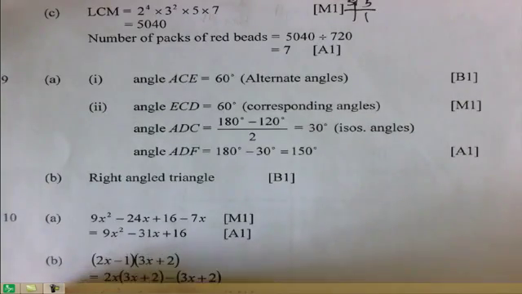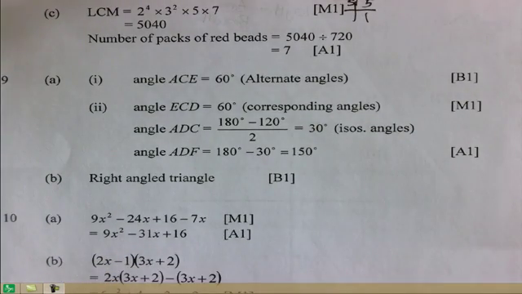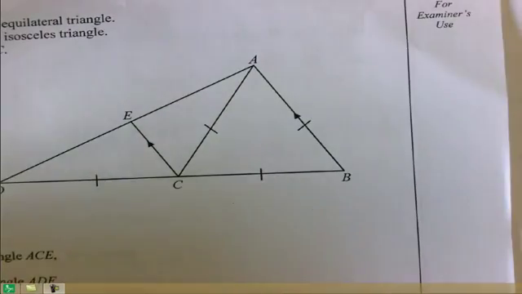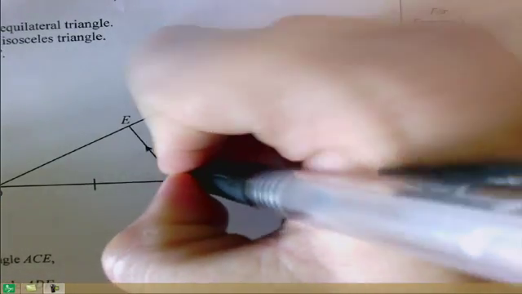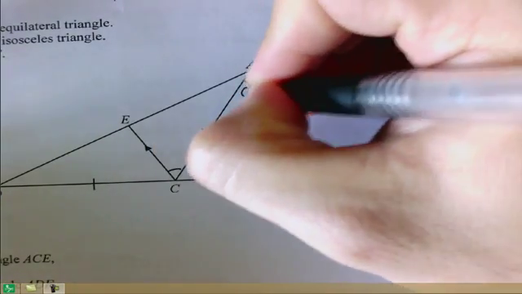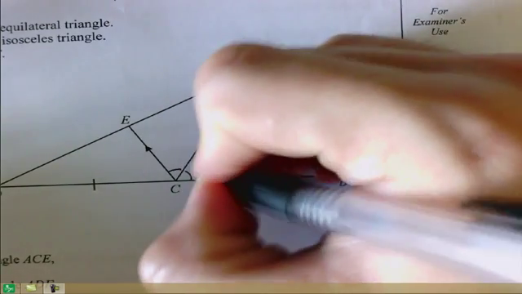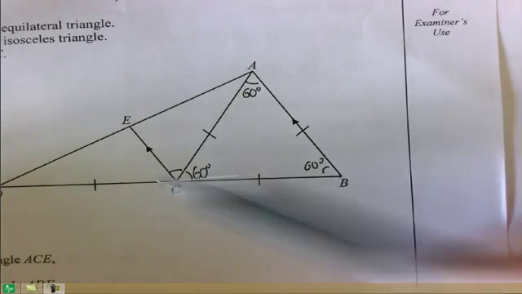Question 9. Find angle ACE. Let's take a look here. The angle in question, angle ACE, is this one. So if you notice, this is an equilateral triangle. So this is 60, 60, and 60. And if you notice, these two lines are parallel.